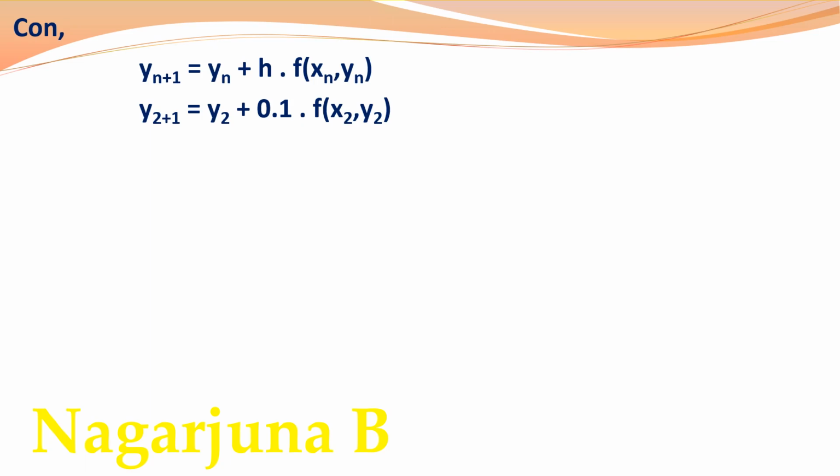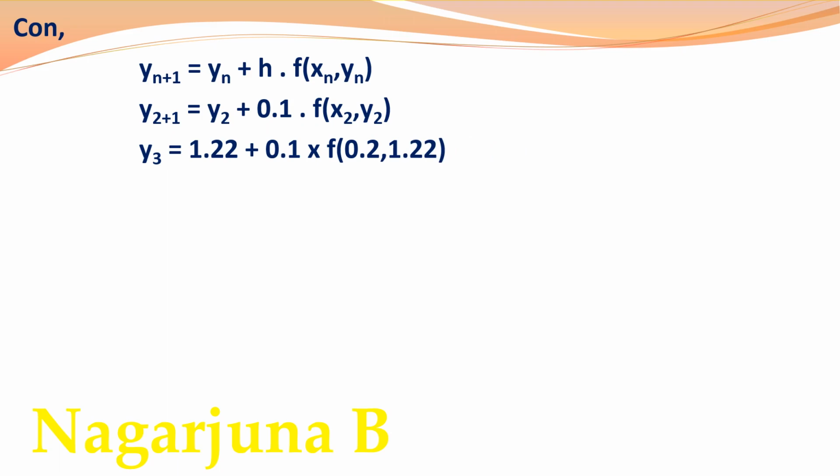So 2 plus 1 is 3. Therefore, it will be y3, and the y2 value we have just calculated is 1.22, and the h value is 0.1 into f of x2, whose value is 0.2, and y2, whose value is 1.22. Therefore, we can write y3 equal to 1.22 plus 0.1 into f of 0.2 comma 1.22.